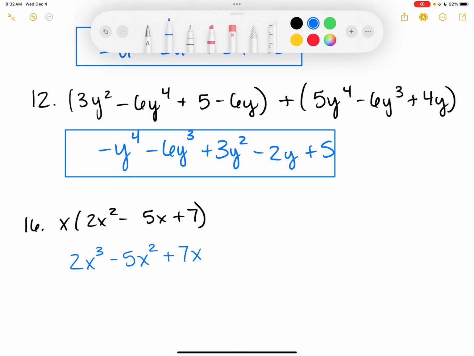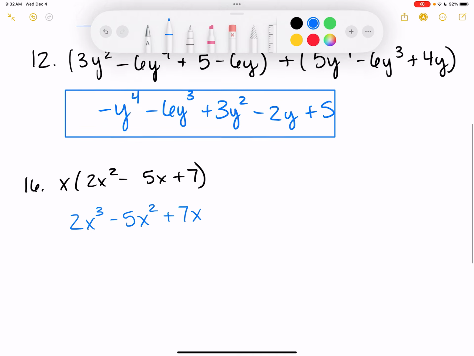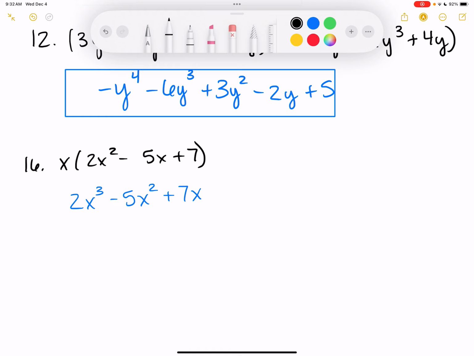I'm going to skip the one that's just normal foiling because I trust y'all know how to foil by this point. 20. w plus 4 times w squared plus 6w minus 11. So pretty much anything bigger than just a variable plus a number times a variable minus a number, I usually say superfoil, because you've got to make sure that every piece goes to everything in here.